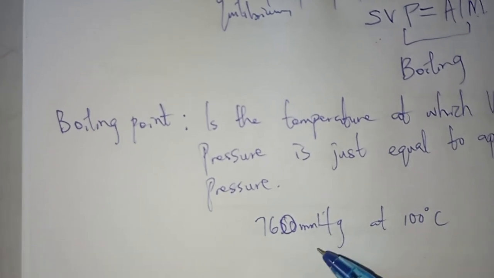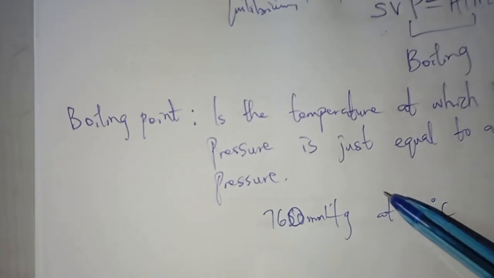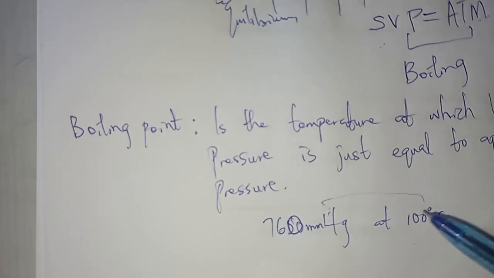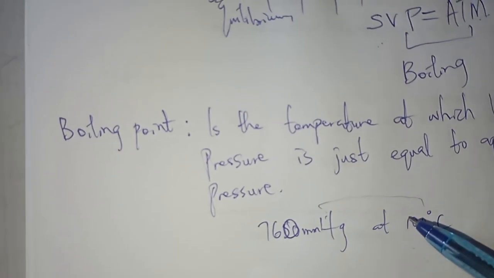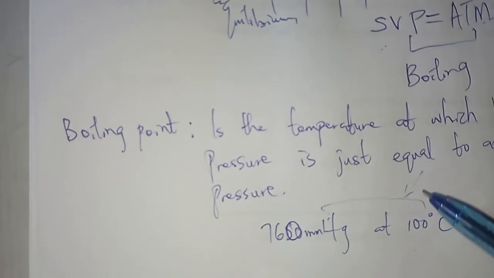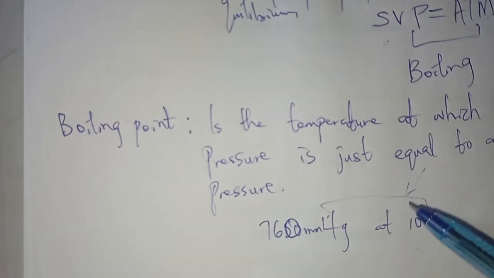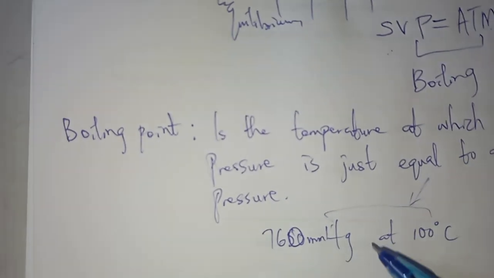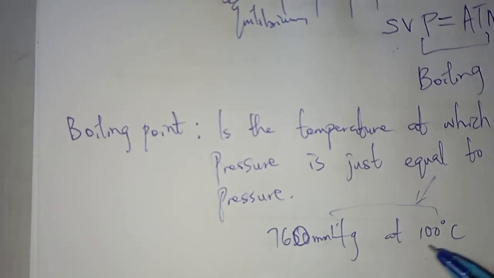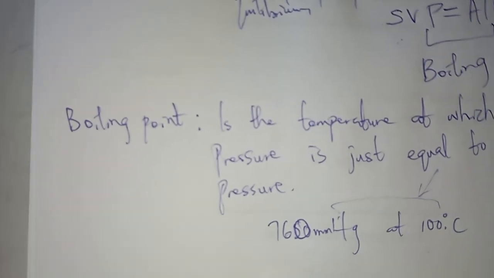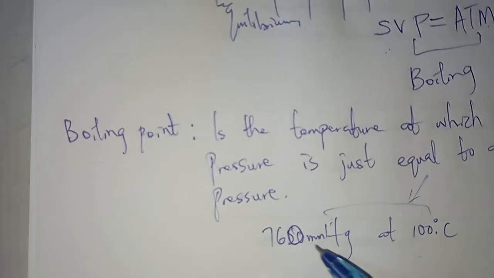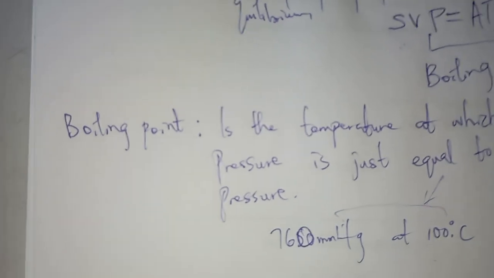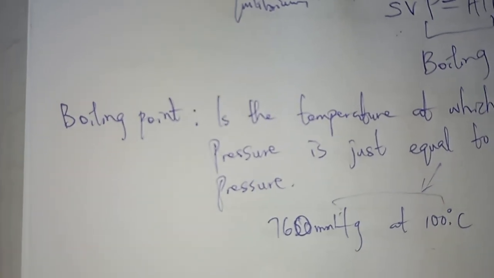At this point, the applied pressure, that is the atmospheric pressure on that water, can no longer hold it back. So it starts to experience what we call boiling. So water boils at 100 degrees C, and it gets a 760 millimeter mercury vapor pressure at 100 degrees C.